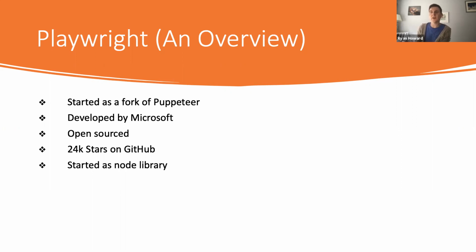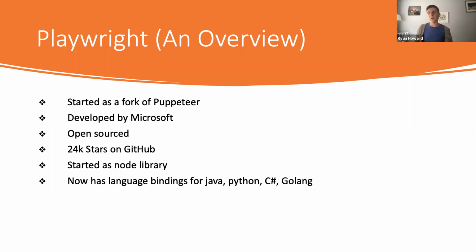It started as a Node library, and the code we'll be writing today is JavaScript. So we'll be using that Node library. But it now has language bindings for Java, Python, C#, and I think there are even some third-party language bindings for Golang, but I don't think that's supported by the core team.